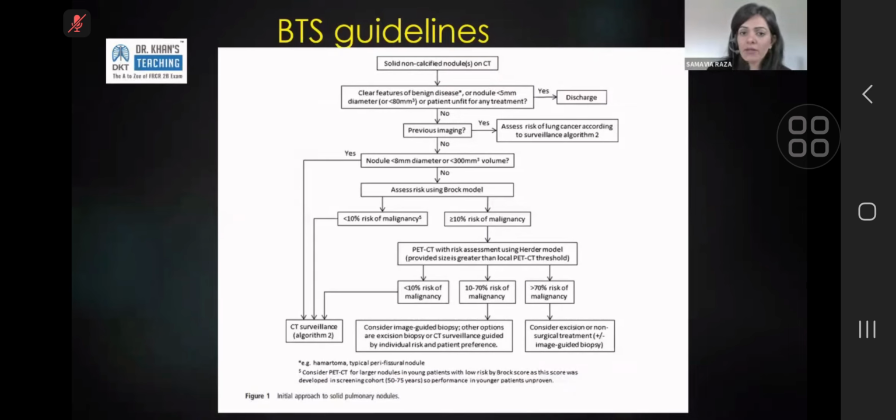The actual recommended way is to do volumetry. For those of you who have volumetric softwares available in your trusts, many of us don't. So depending on your local practice, if you have it available, and if this is something you want to develop in your local trust, bring it up by all means.